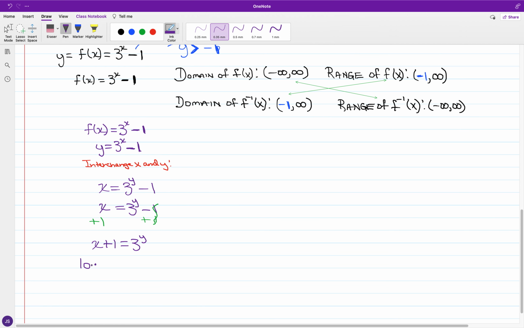And looking at taking the base 3 logarithm of both sides, I had the base 3 logarithm of the quantity of x plus 1, so that is equal to y.